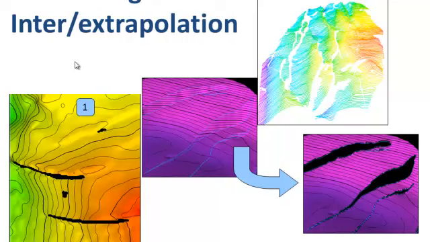So the extrapolation may play a main role in the volume calculation or estimations by increasing or decreasing. So this is a very important point as well raised here for the geophysicist during contouring mapping.